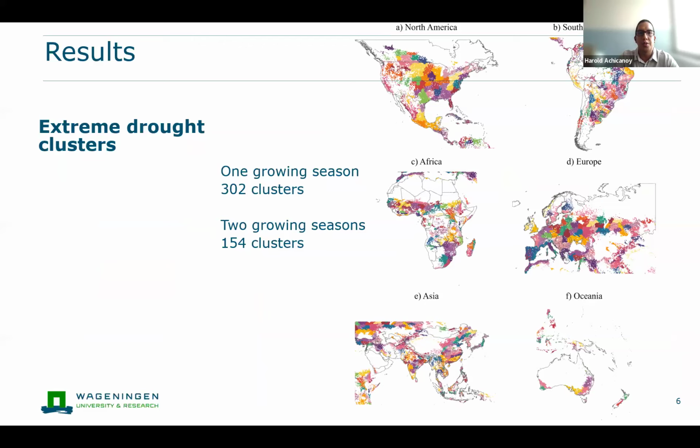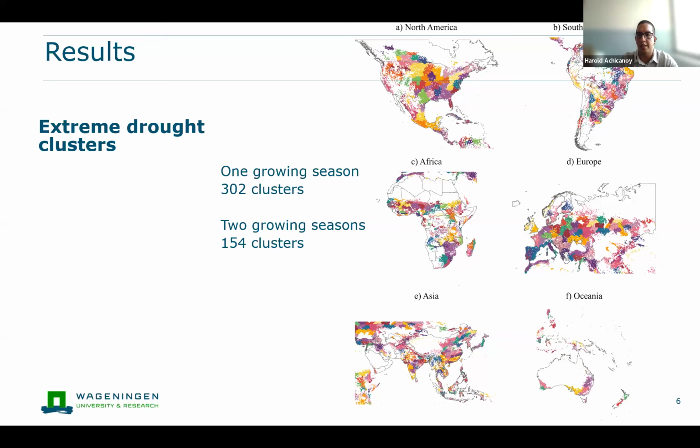So regarding the results, those are the extreme drought clusters that we computed, as I said, over the world, over all the arable lands. In regions with one growing season, we identify 302 clusters, and in places particularly over the tropics, characterized by 2 growing seasons, we identify 154 clusters.